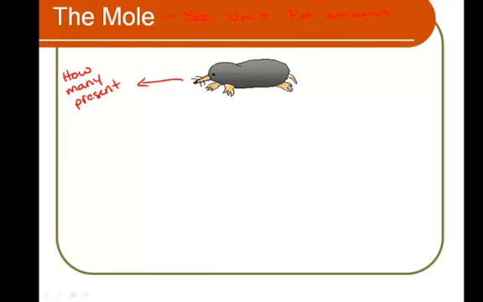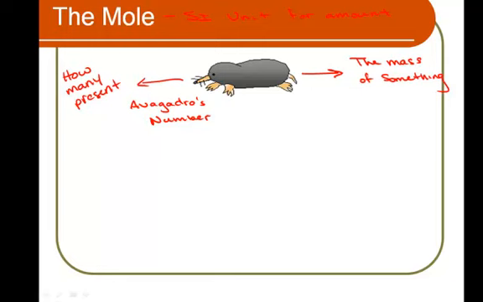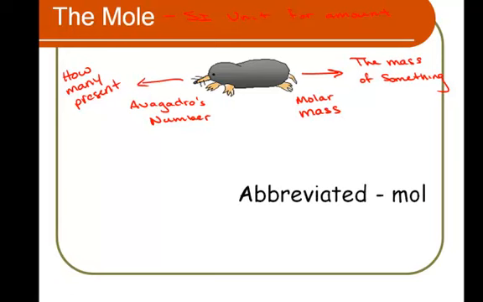And to do that, we use Avogadro's number. We can also use the mole to tell us the mass of something. For this, we would use molar mass. Remember, the mole is abbreviated mol.